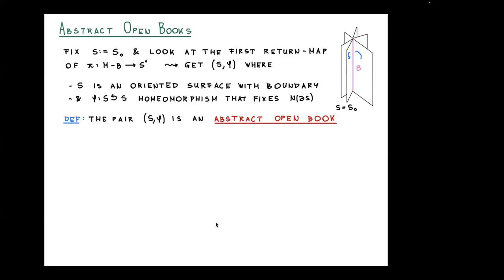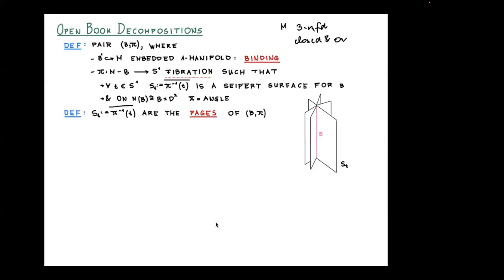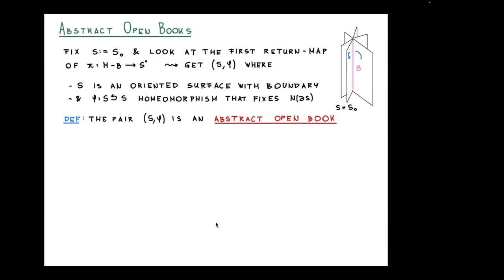Actually, I can make sure of that because of the local model near the boundary. You remember near the boundary, the open book always had to look like that. So I can make sure that not only does phi fix the boundary of S, but it also fixes a neighborhood of the boundary.